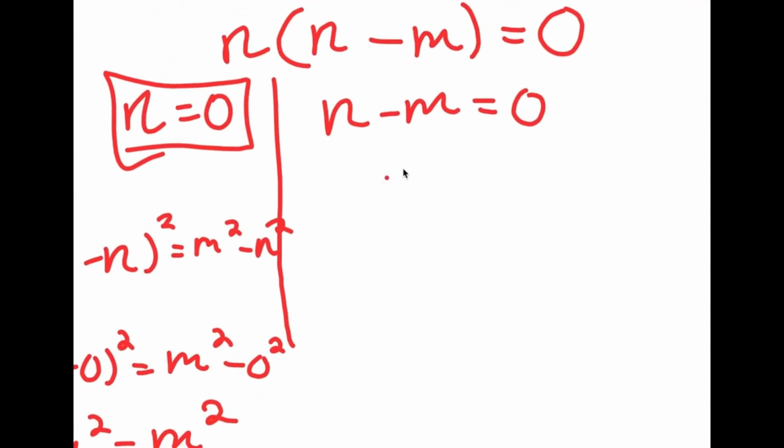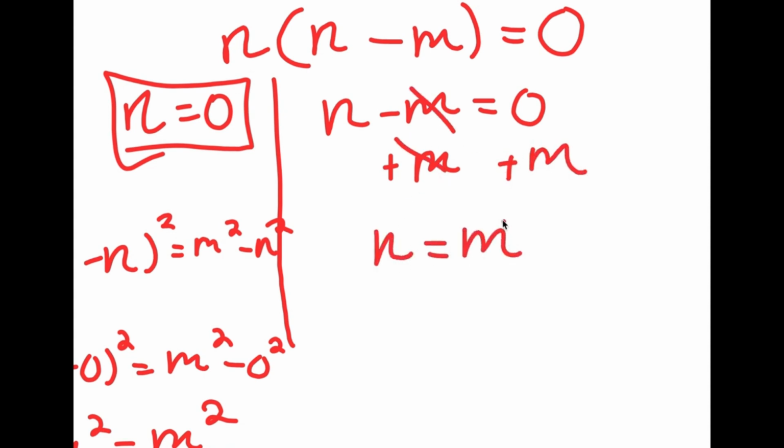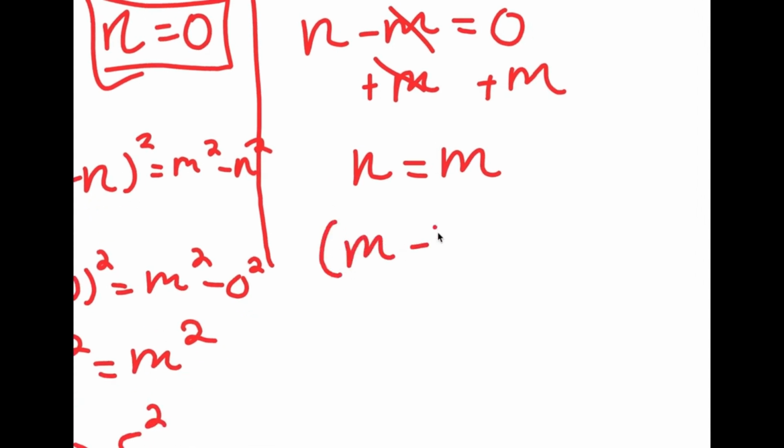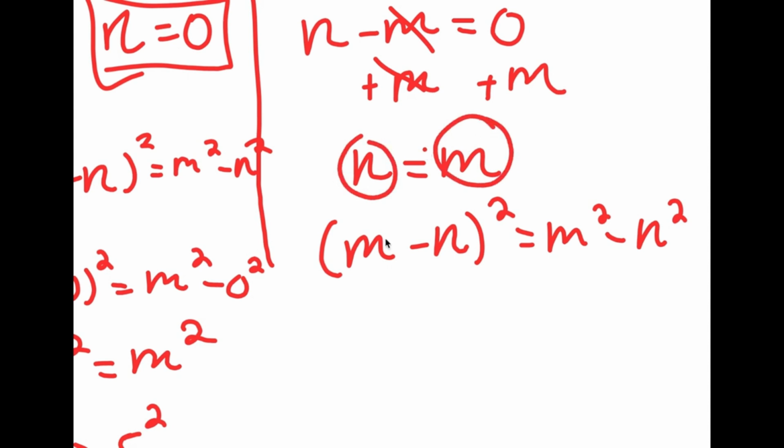Now for here, I have n − m equals 0. So if I add m on both sides, I get n is equal to m. Now, if I put this back into my regular equation, I have (m − n)² is equal to m² − n², and I'm going to rewrite n as m because they're both equal to each other.